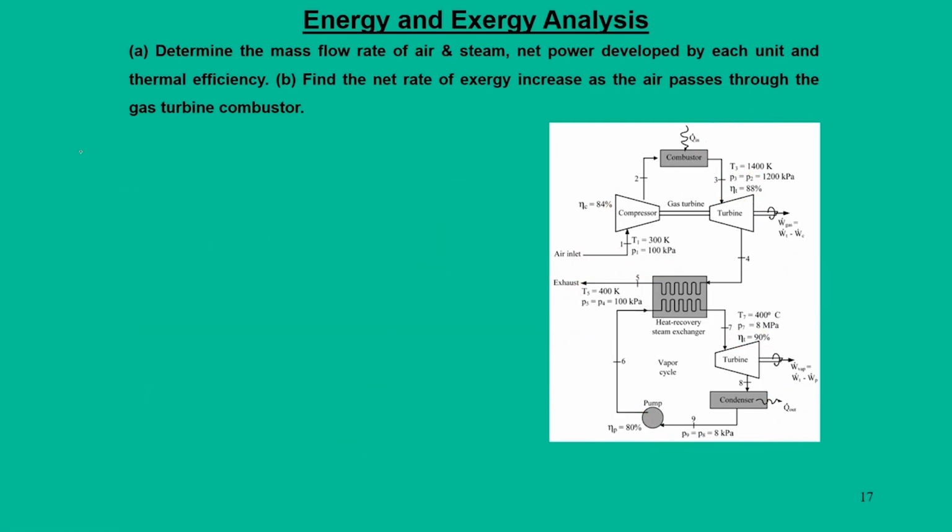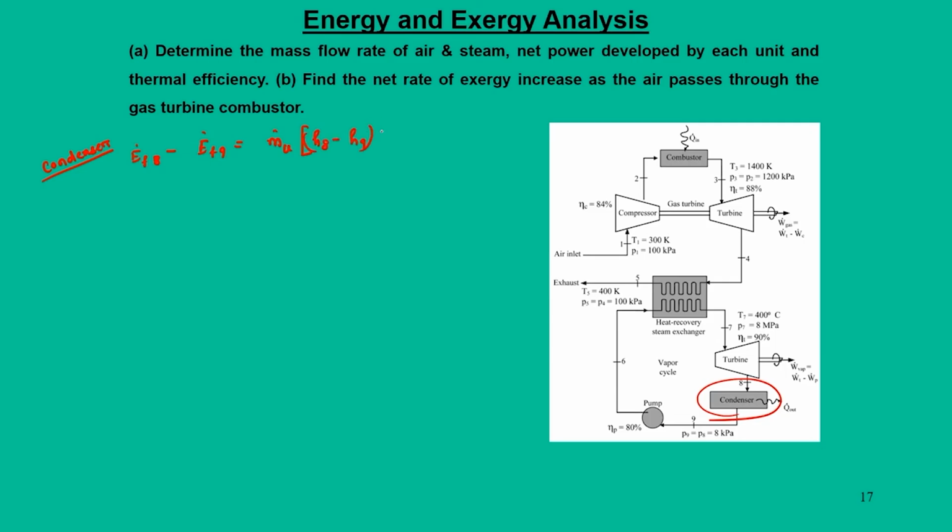Then we move on to the condenser. The condenser point is this point. So, we say E dot F8 minus E dot F9, that is m dot V into H8 minus H9.